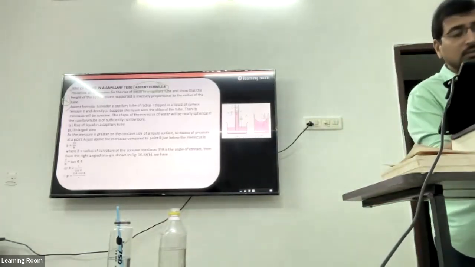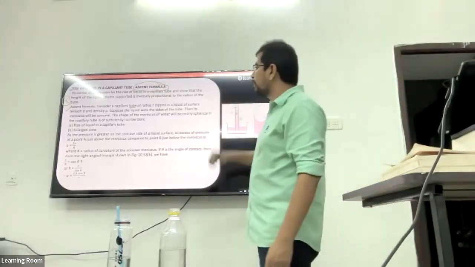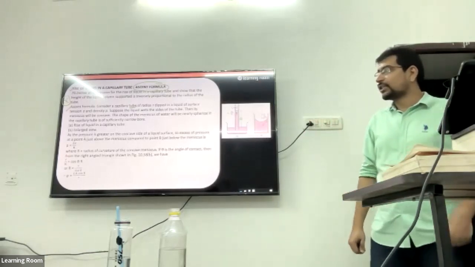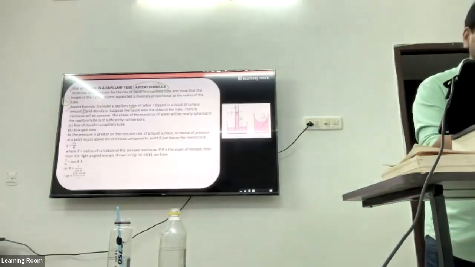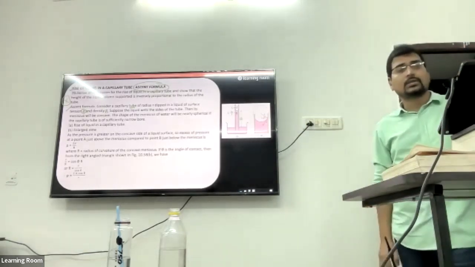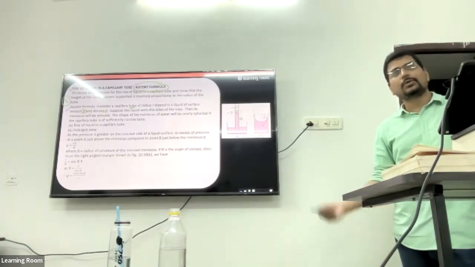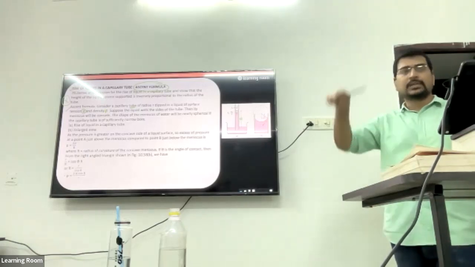For this, we consider a capillary tube of radius r, which is dipped in a liquid of surface tension sigma and density rho. Suppose the liquid wets the tube. When the liquid wets the tube, what kind of meniscus does it form? It forms a concave meniscus.